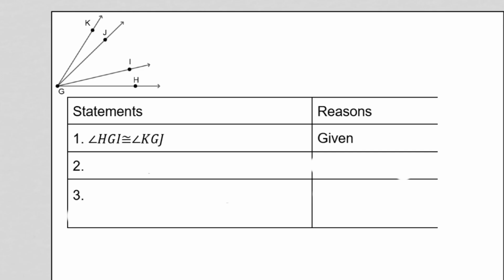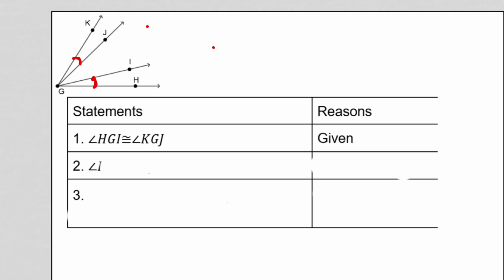This also works for angles. If I'm telling you that HGI, I'll make this one red, HGI is this piece, is congruent to KGJ, which is that piece.